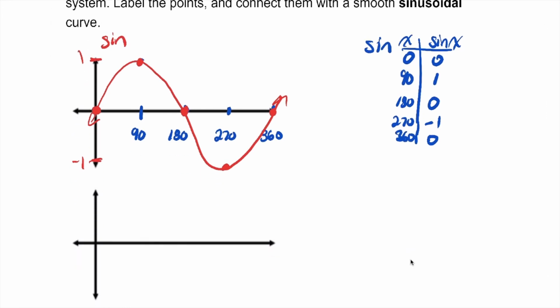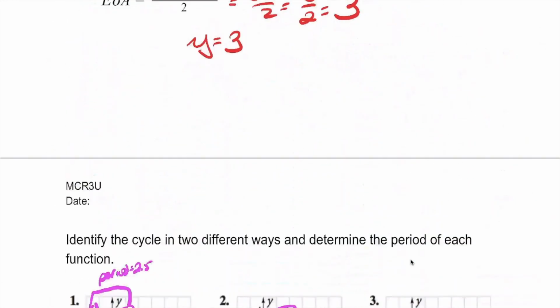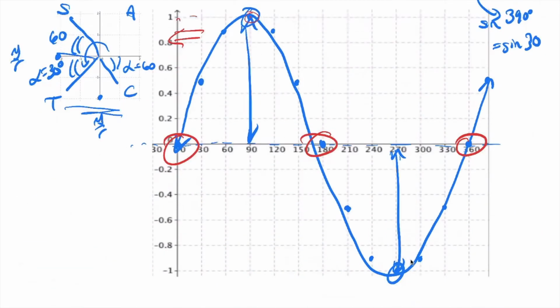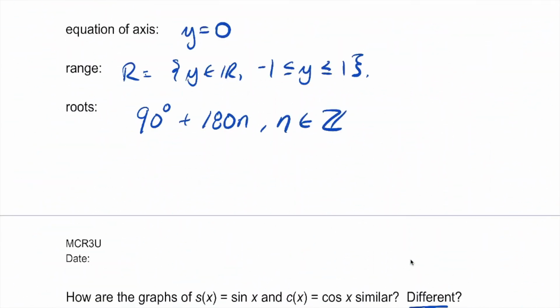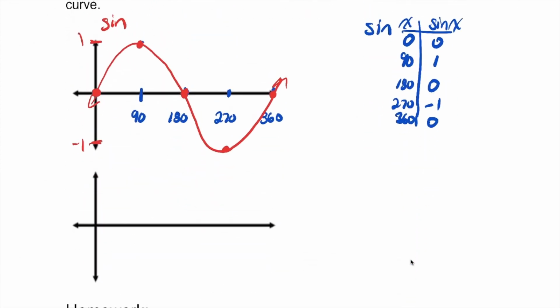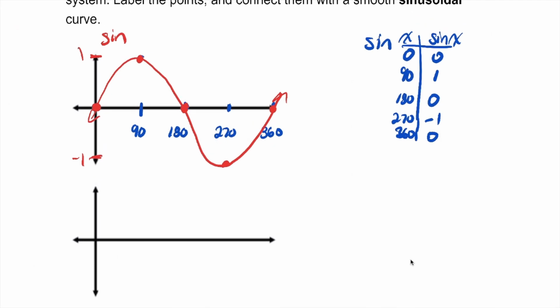So we look at cos. If we look at cos, we have x, and what's cos of x?